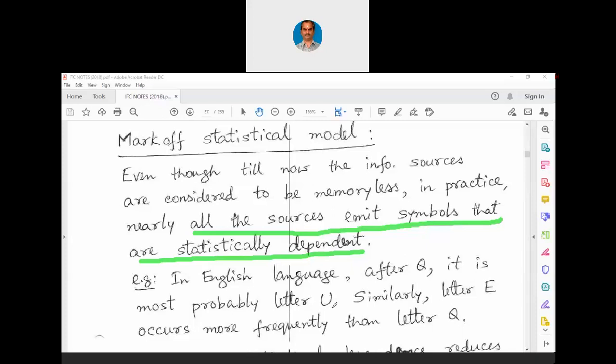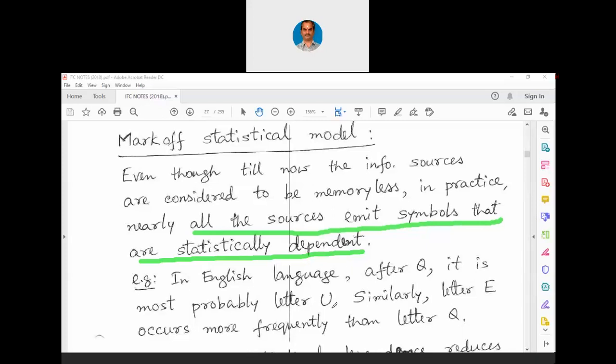Quick, quiz, queen, quiet. You recall all these words. Whenever Q comes, most probably after Q, it is U which is coming. Out of all the 5 vowels, A, E, I, O, U, U is most probably occurring after Q. That is how when they designed the English language, they chose these alphabets and decided upon these words.